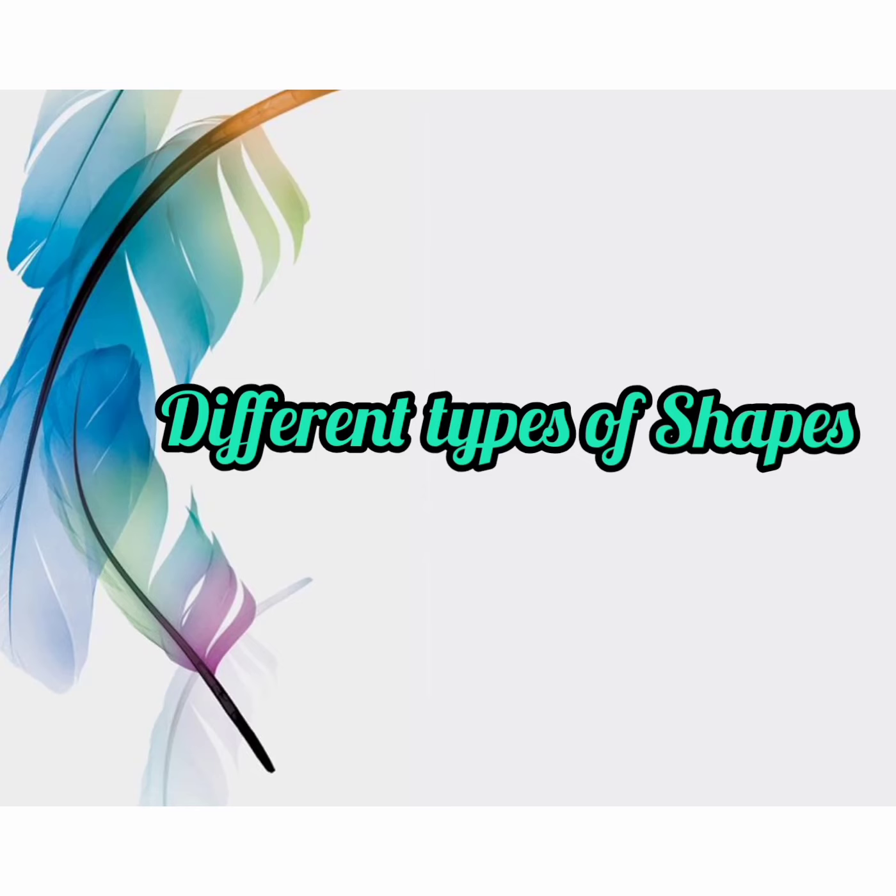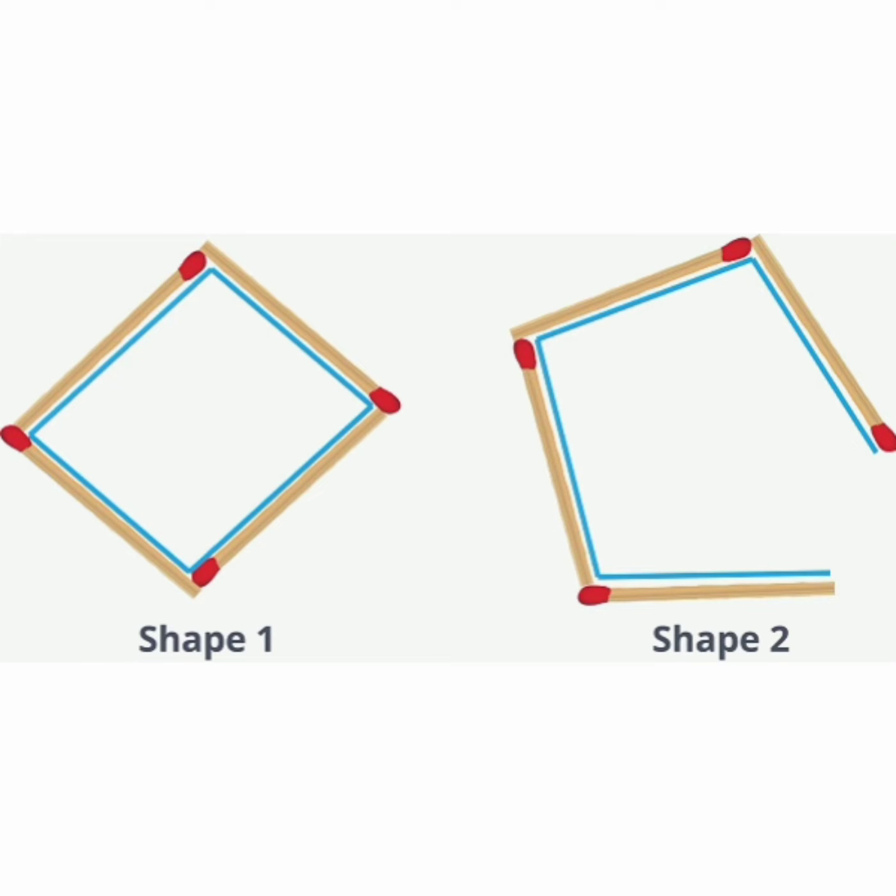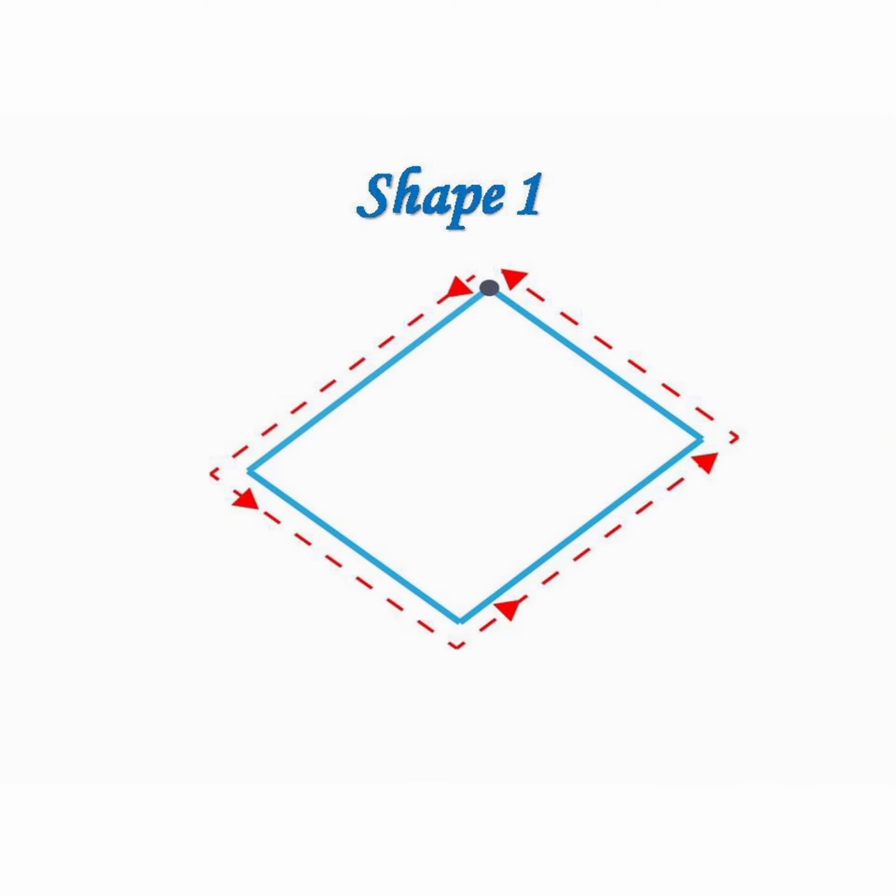Let's start. Before understanding the polygons, we will learn about different types of shapes. Observe the given shapes made by matchsticks. Look at shape 1. Start at any point on the boundary of this shape. Trace it with your finger. What do you notice?